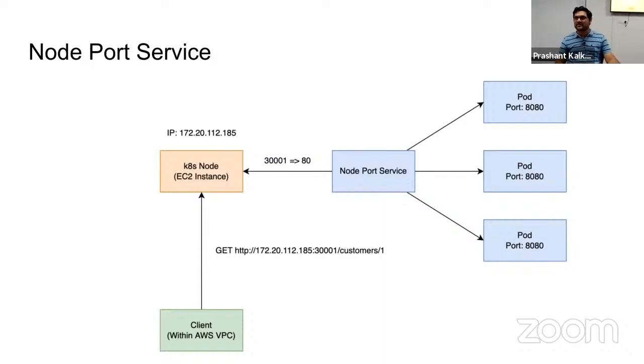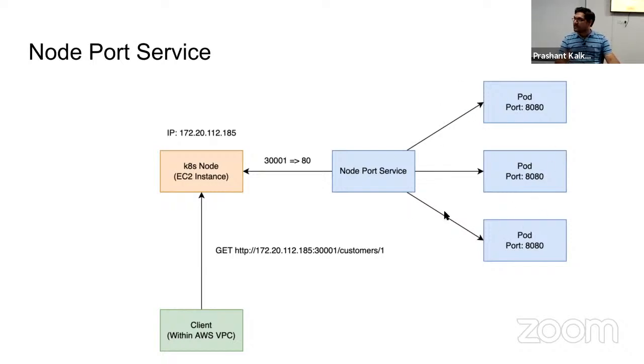As the name suggests, it gives you a node port. It's a mapping on your node, so it gives you a port on your node which is mapped to the container or the pod port. The same thing that we did for the Docker container, we can do by using the node port service.